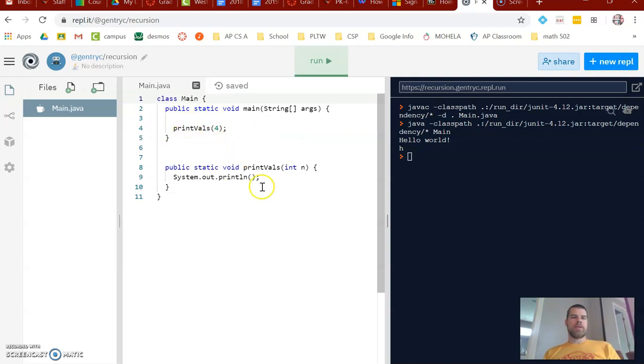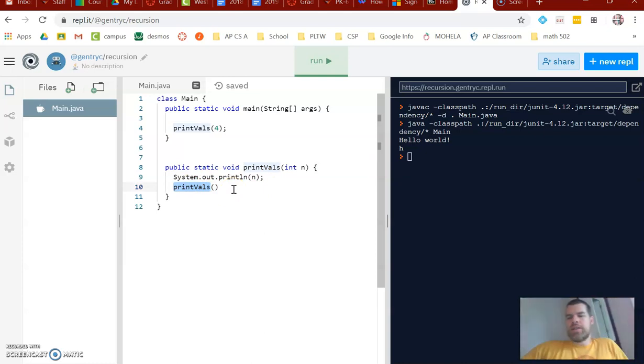I have written a function called printVals here, and it takes one integer as the parameter. What I'm going to do is print out the parameter, and then call myself. So the function is printVals, calling printVals within printVals.